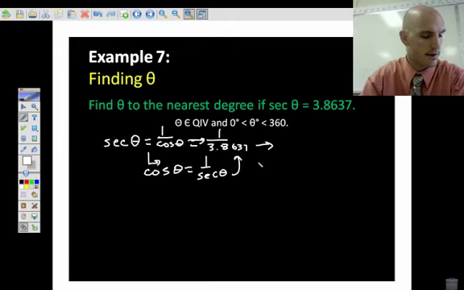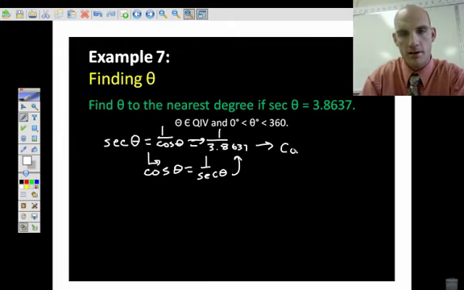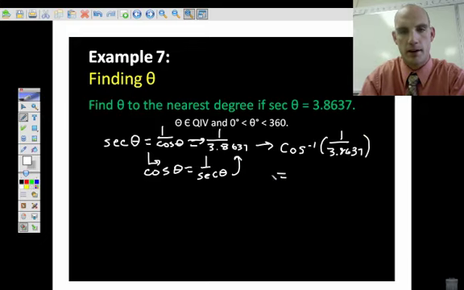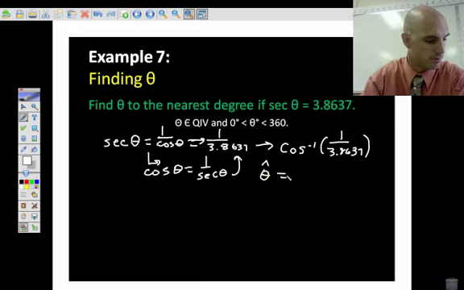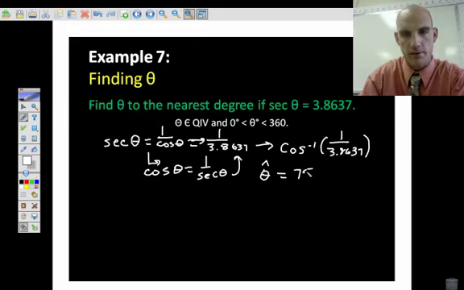When I come up with that decimal value, what I'm going to do is put that into my function. Okay, and it's going to look something like this. So we're going to get theta hat is equal to 75 degrees.